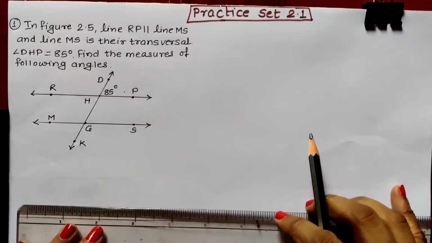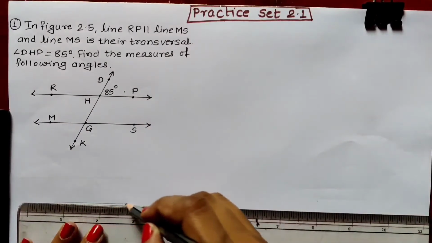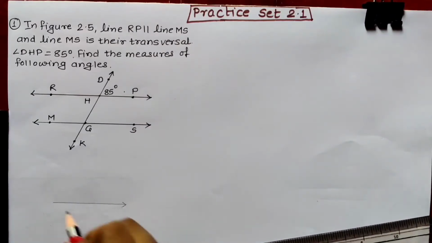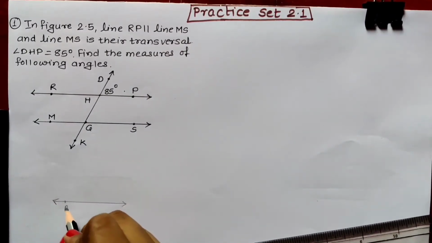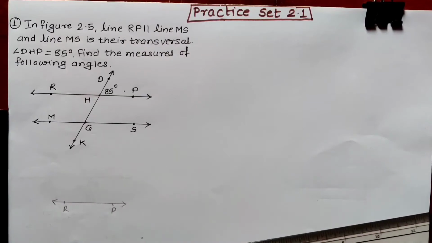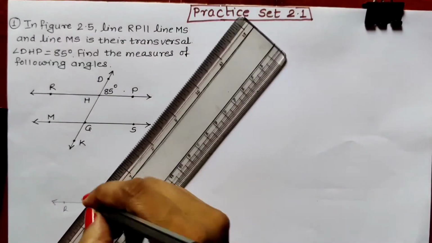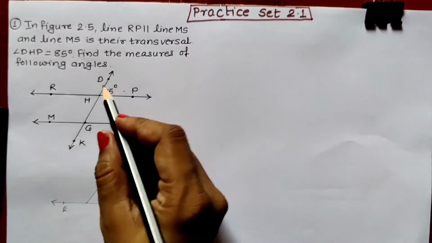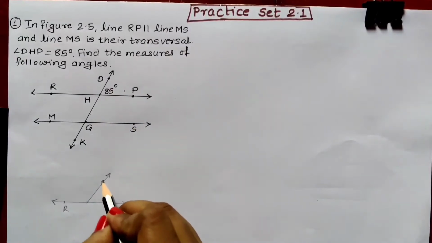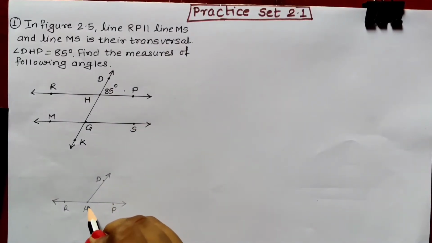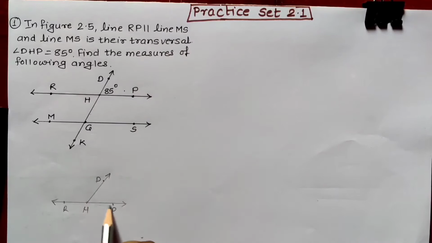If I draw it roughly in this way, this is line RP, and they are separated by one ray. Here we can see DH is there. So they are adjacent angles, they are in the same line. Such types of angles are known as angles in a linear pair.